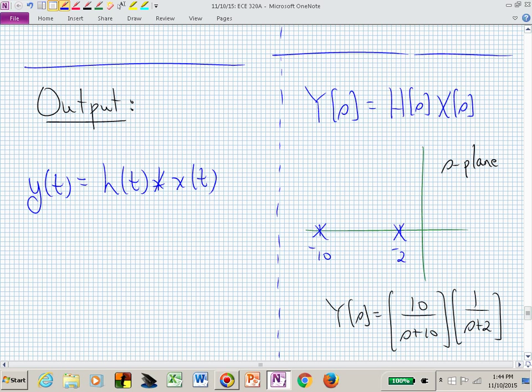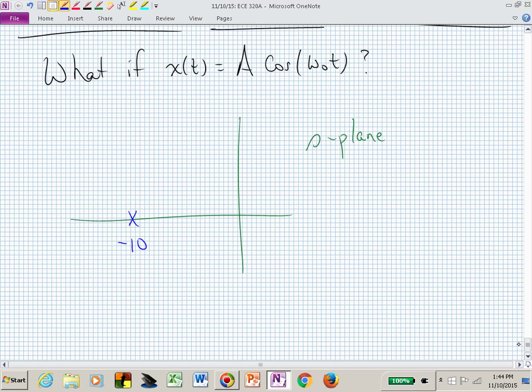Now we want to apply a sinusoid, a cosine of omega naught. What's that look like in the S-domain? Now if you put that into a Laplace transform, that you would have S over S squared plus omega naught squared, would you not? So that now you have that.